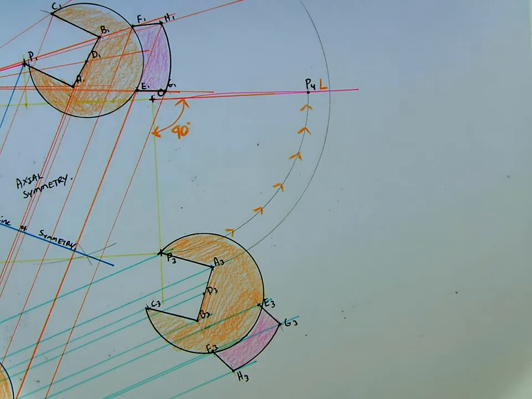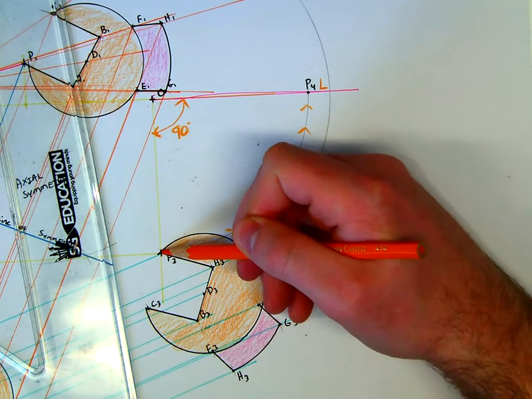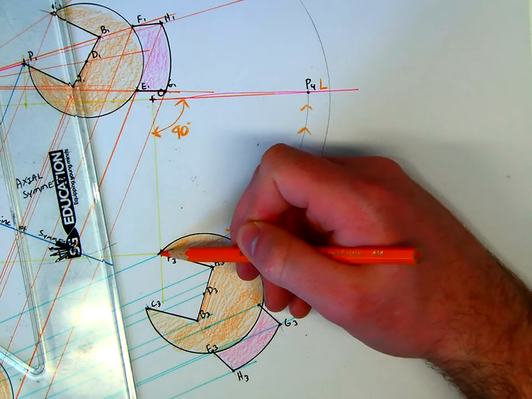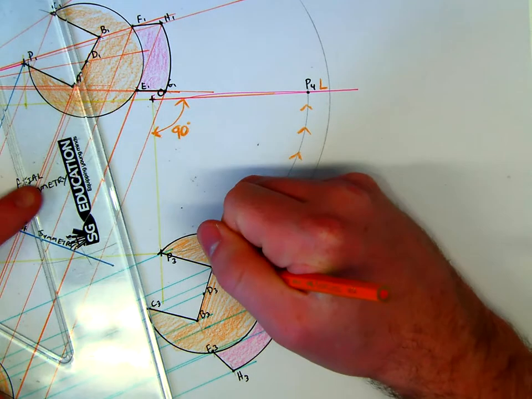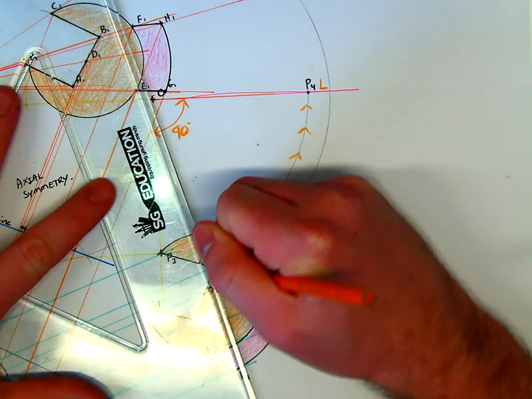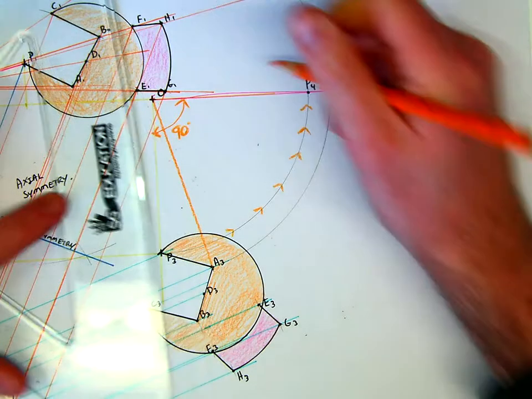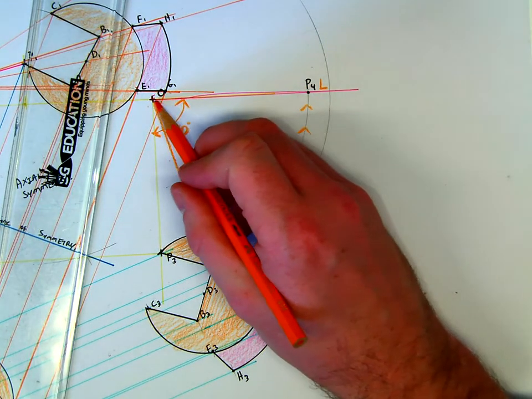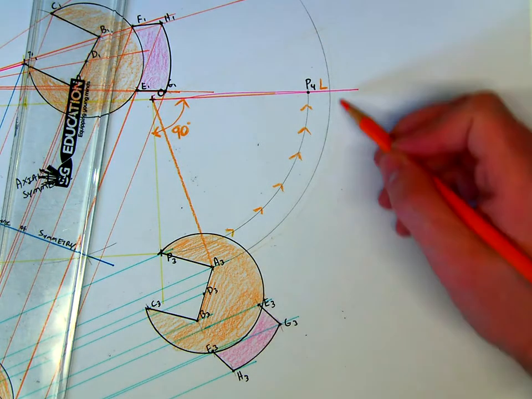What I had over here was an angle of 90 degrees between P3 and P4. So I drew a line from P3 to O, and I went out 90 degrees this way. This time, I'm going to draw a line from A3 to O, and I need to have a 90-degree angle going off it this way to cut the anti-clockwise curve.